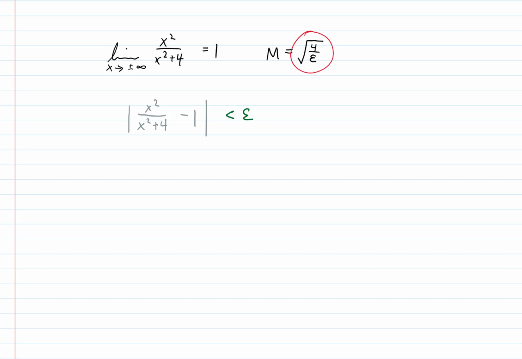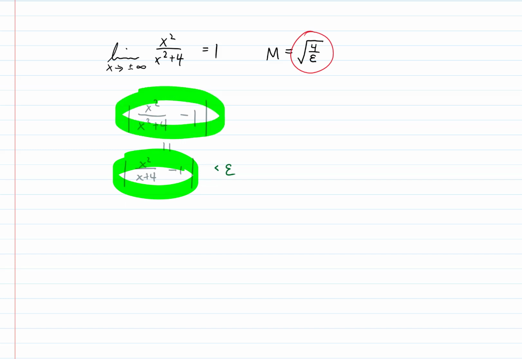And here's a few steps of simplifying that I did. I said, okay, now that gray stuff there is equal to this. So if I make this less than epsilon, then that will be less than epsilon because they are equal to each other.